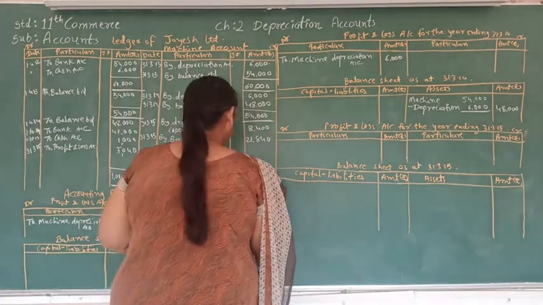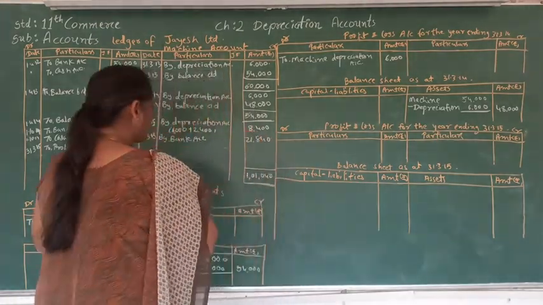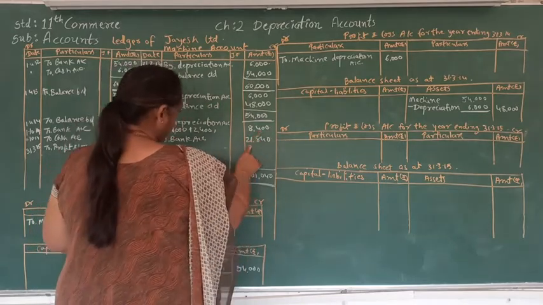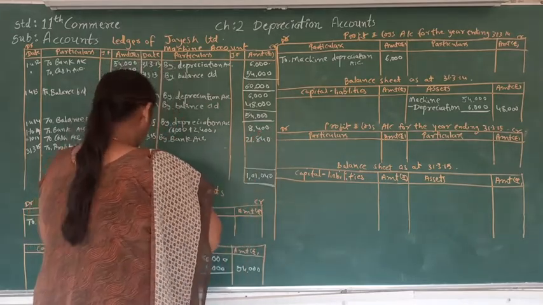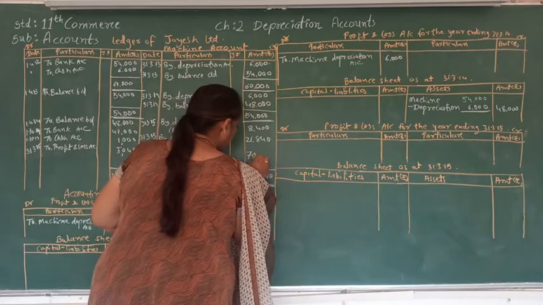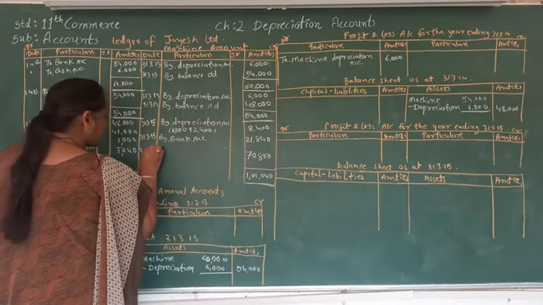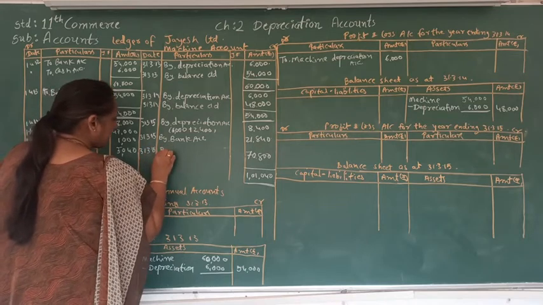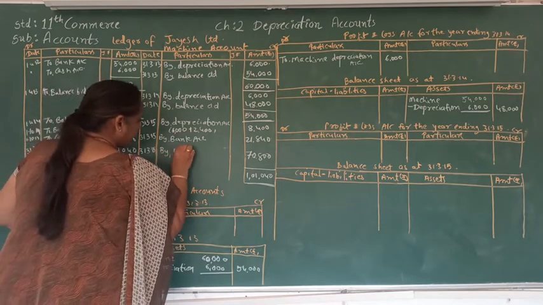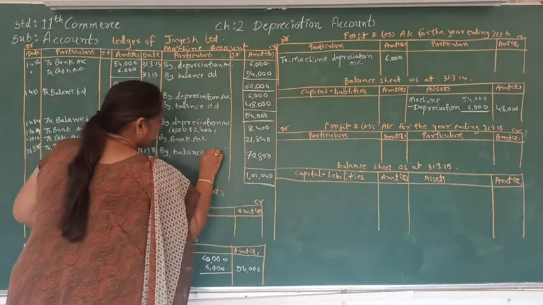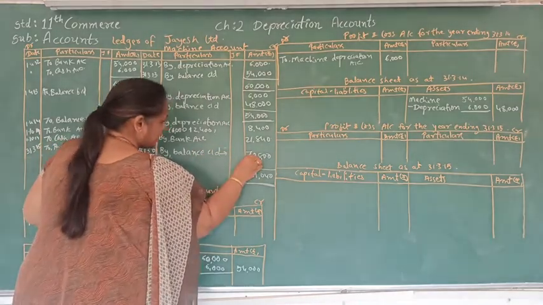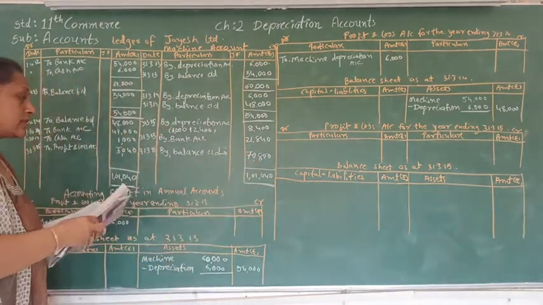From this, if we deduct 8,400 and 21,840, the balancing amount will be 70,800. So on 31st 3/15, by balance carried down. This is the balance at the end of the third year.